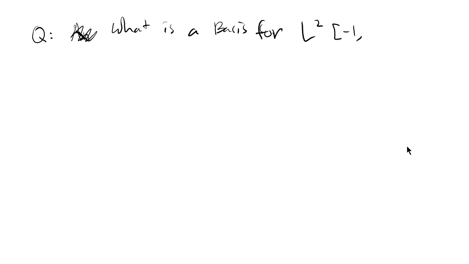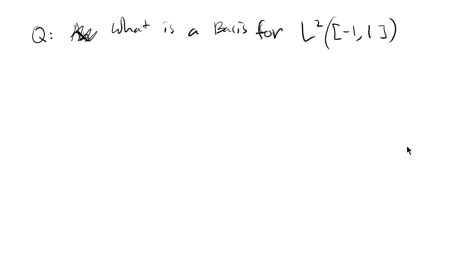Okay, so let me put the question. What is a basis for this L2 space? Now we talked about the L2 space over the interval 0 to 1, but let's talk about -1 to 1 because it's easier to write.